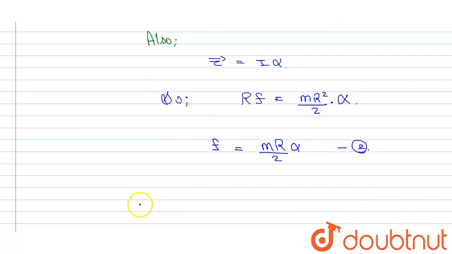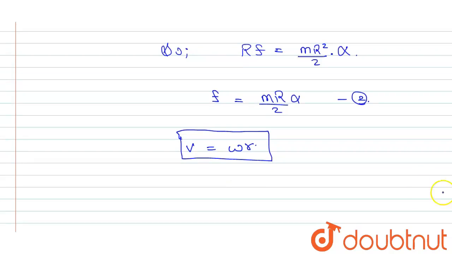Now, the condition for pure rolling is v equals omega r.